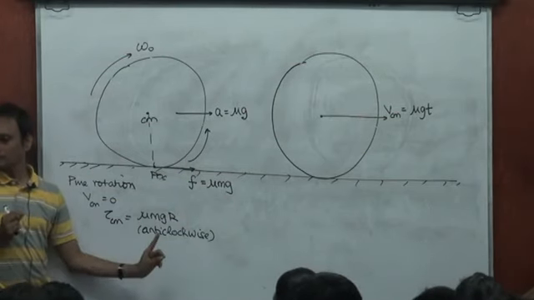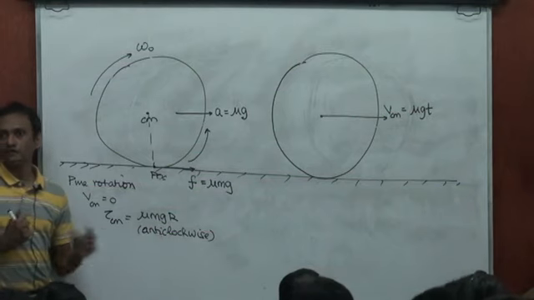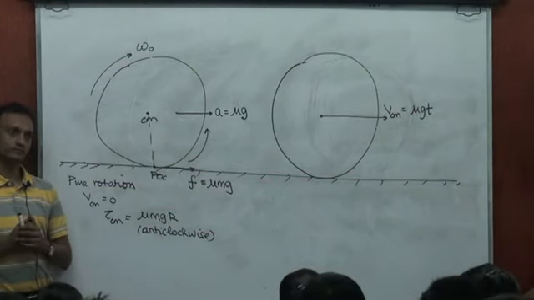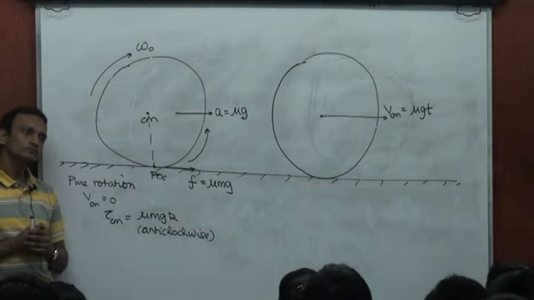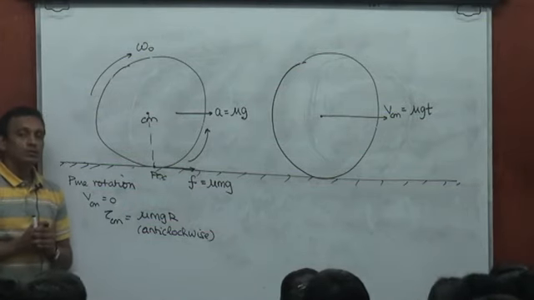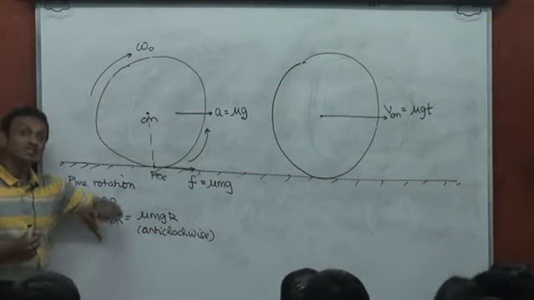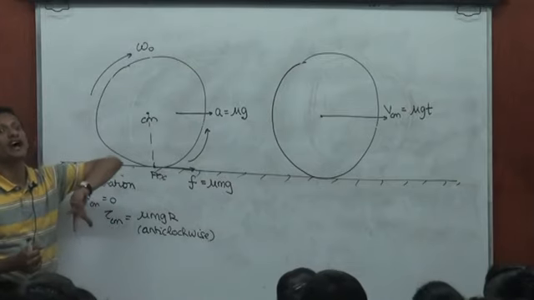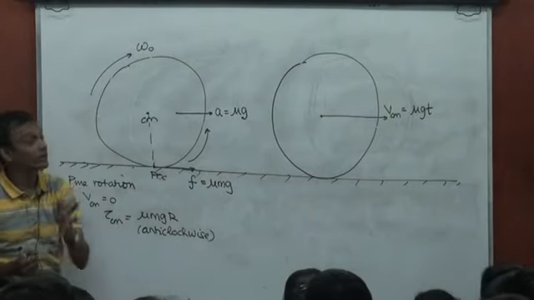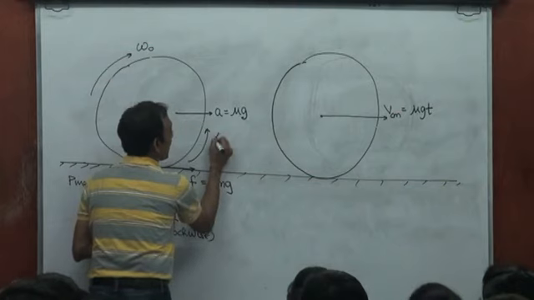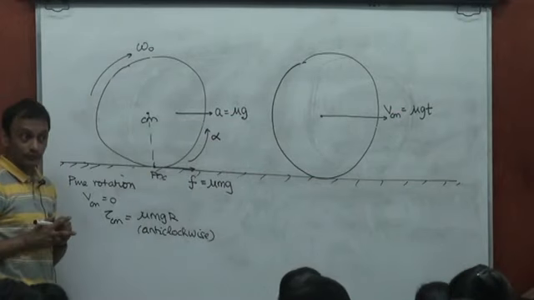Torque about the center of mass is mu mg into r anti-clockwise. Now, this anti-clockwise torque will produce an anti-clockwise alpha, right? So, it's going to produce an anti-clockwise alpha.